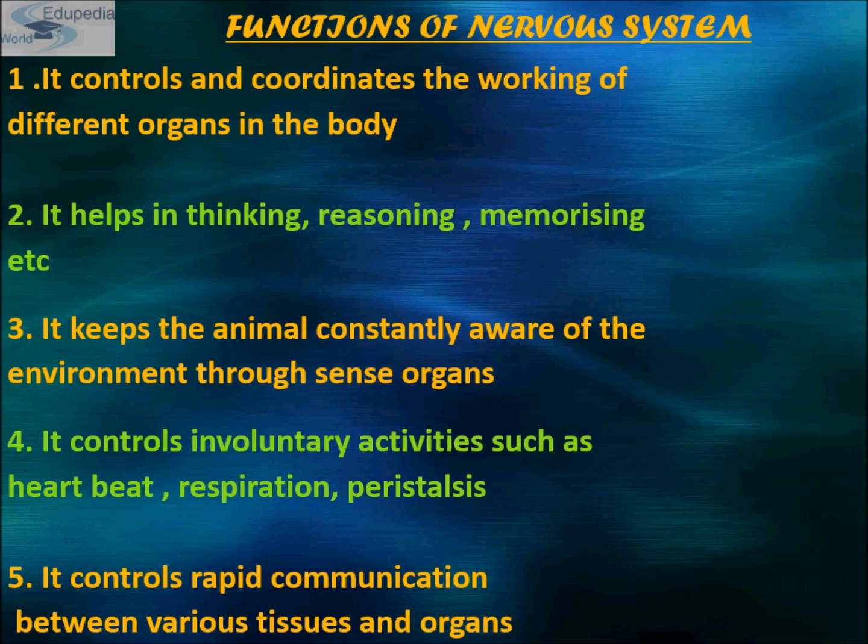Peristalsis is a contraction of the esophagus that helps in the swallowing of food down to the stomach. The last function of the nervous system is that it controls rapid communication between various tissues and organs. That means the nervous system plays an important role in the human body.